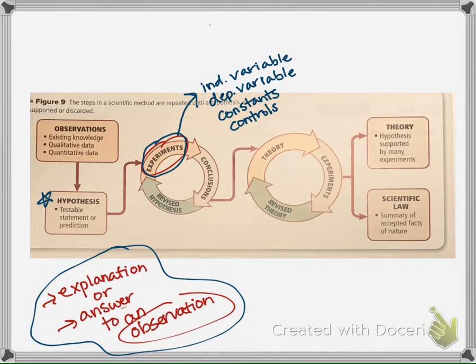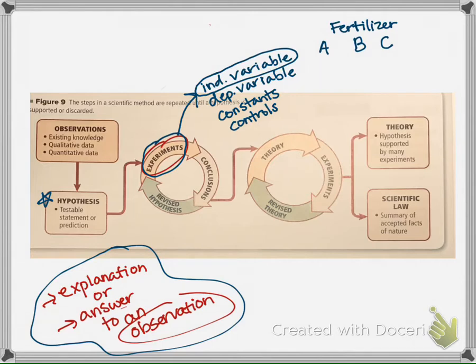The independent variable is basically what is being manipulated. If you were going to test out 3 different plant fertilizers, let's say fertilizer A, B, and C, and you wanted to see which one of them works best on the plant, your independent variable would be the type of fertilizer.